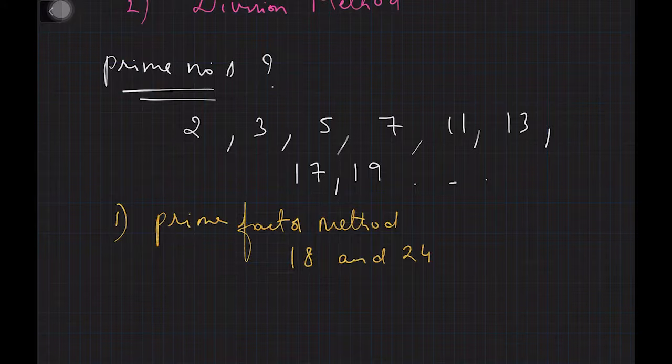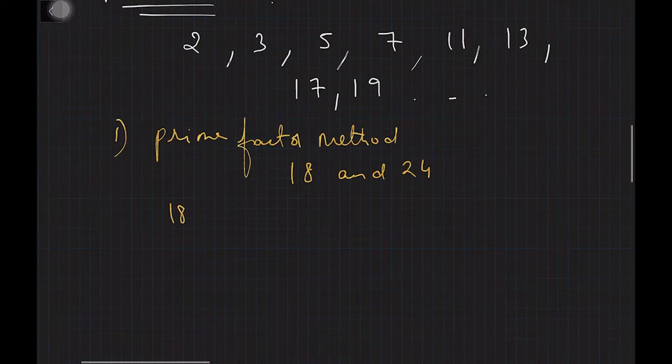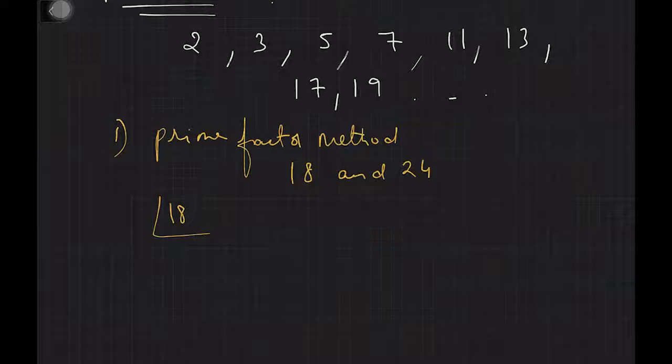So let me consider 18. So we need to divide this 18 by the least prime number. So we need to pick the least prime number that divides 18. So we have 2 as a prime number, 3 is the next prime number, 5 the next, 7, 11 and so on. So 2 is the least prime number. So we will check if 2 divides 18. So 2 divides 18, therefore we can begin with 2.